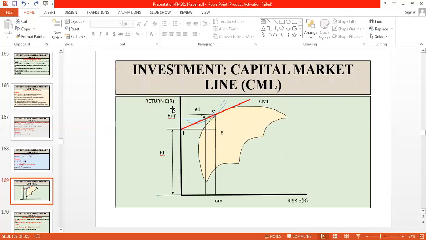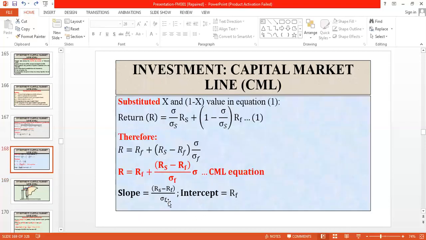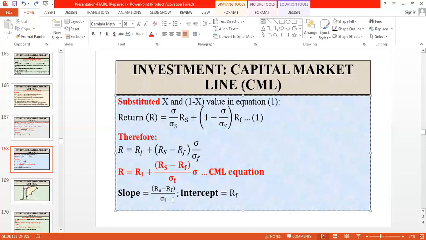EG length indicates market return RM minus risk-free return RF, that is the risk premium, and FG will indicate the market risk, sigma M, that means the optimum portfolio risk. Here again there is some typing error. This one will be sigma M.